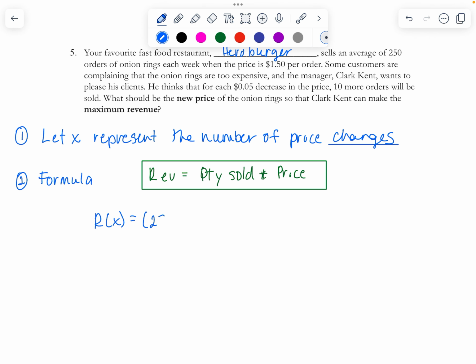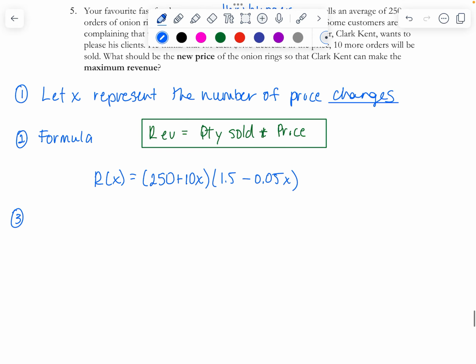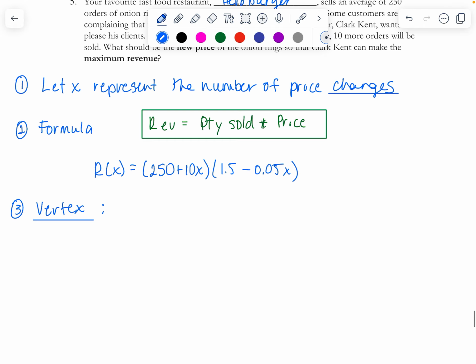We're going to get 250 plus 10x. 10 more orders will be sold. $1.50, subtract a nickel every time. Okay, now maximizing revenue means we have to find the vertex, but to find the vertex, first we need the zeros.